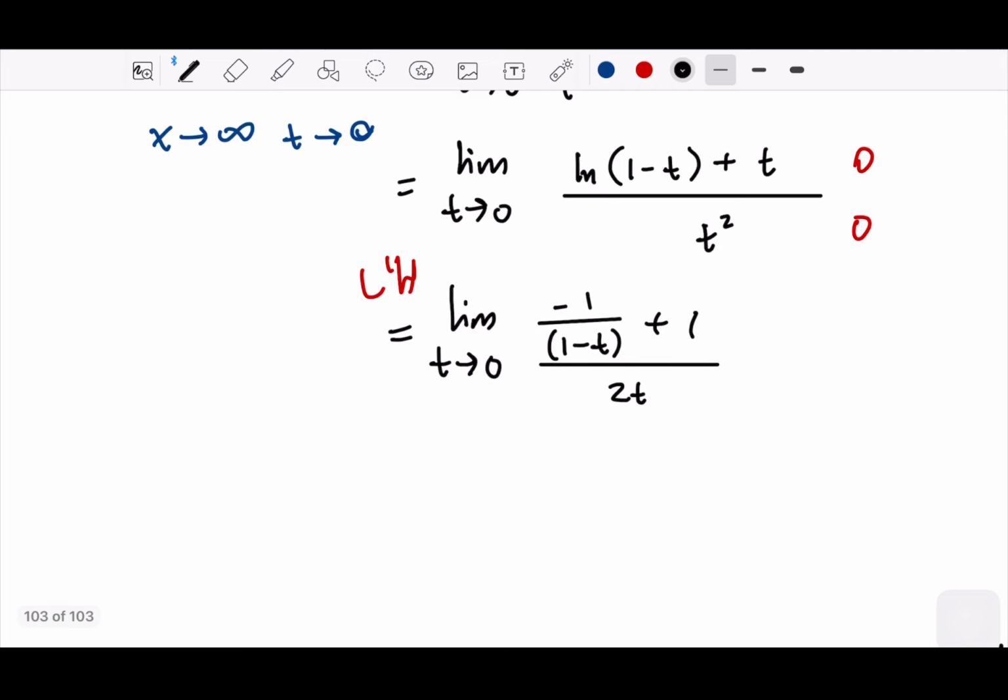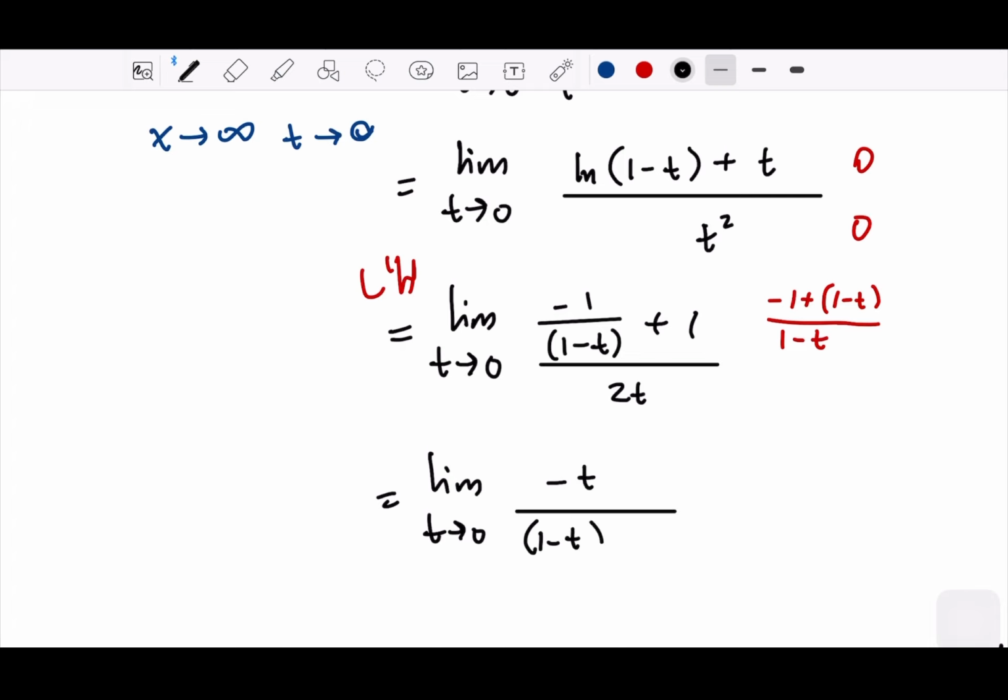And then this will be, we solve this, negative 1 plus 1 minus t, so cancel, minus t over 1 minus t and 2t.